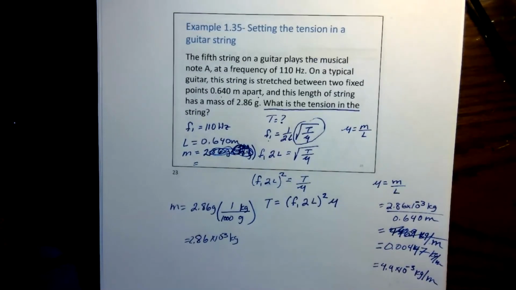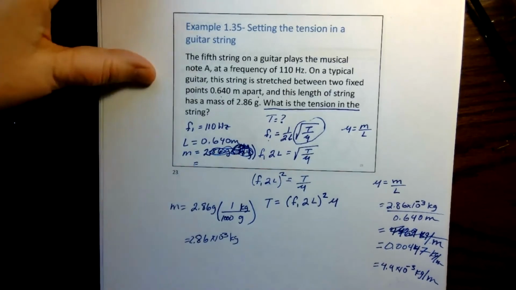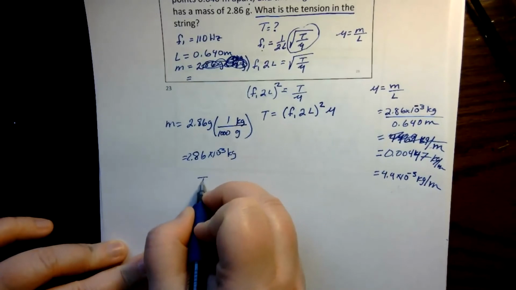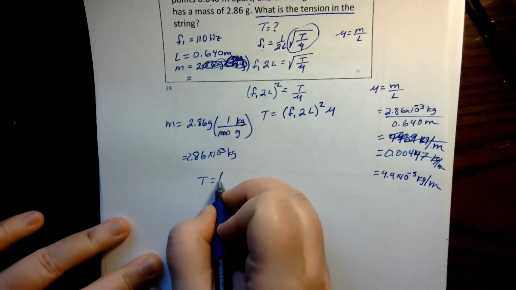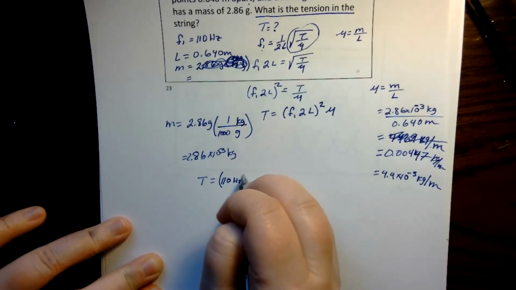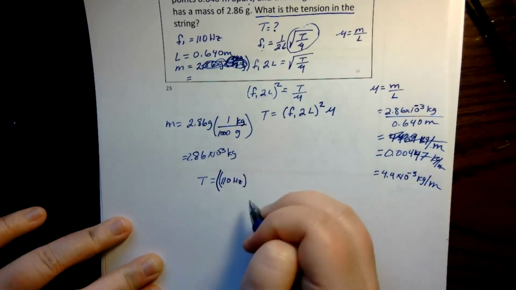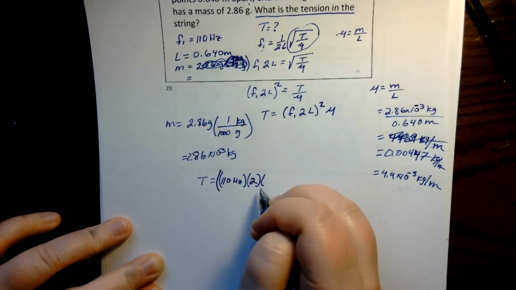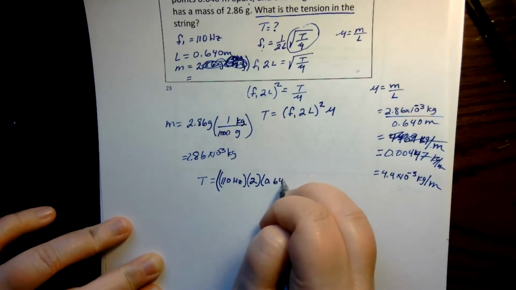Let's go ahead and put that in for T now. T we said was F1, which was 110 hertz, in big parentheses, times 2 times our length of 0.64 meters.